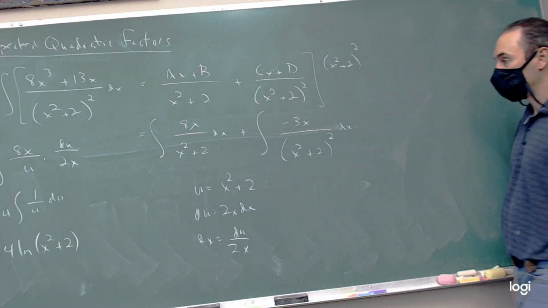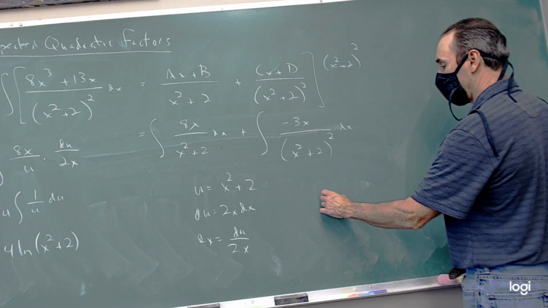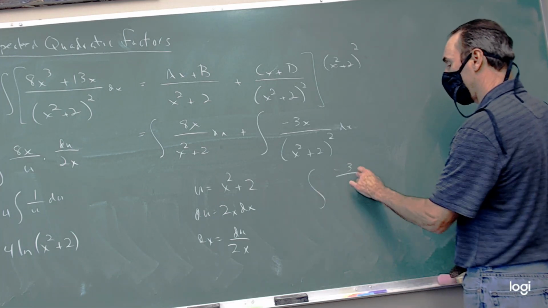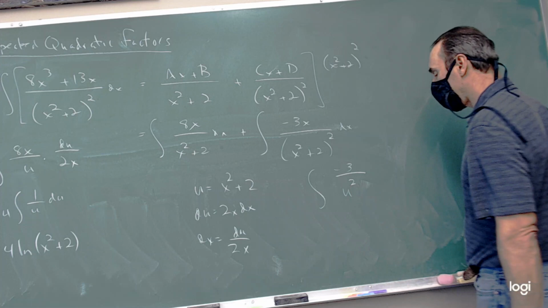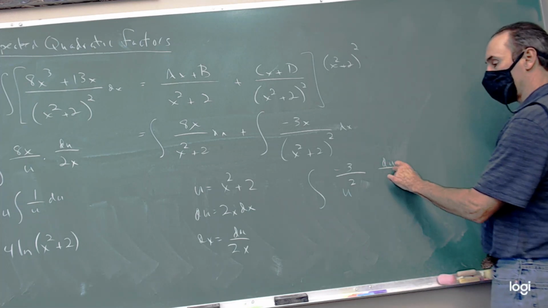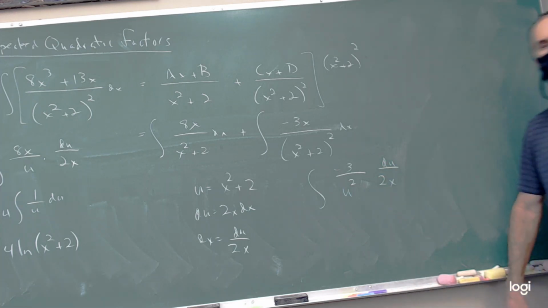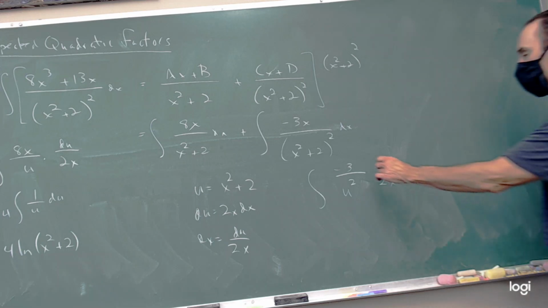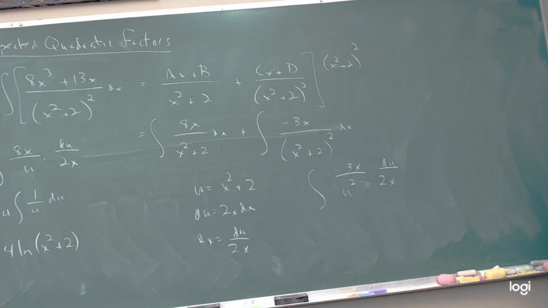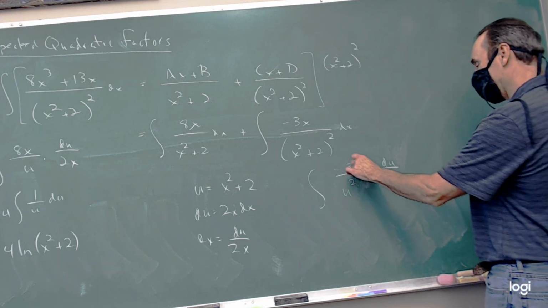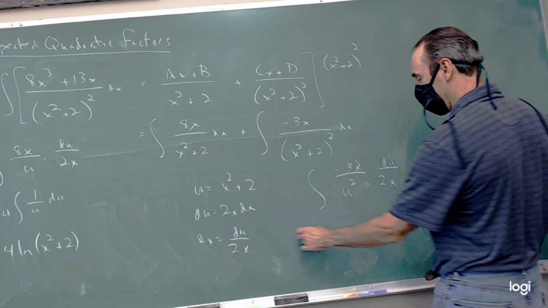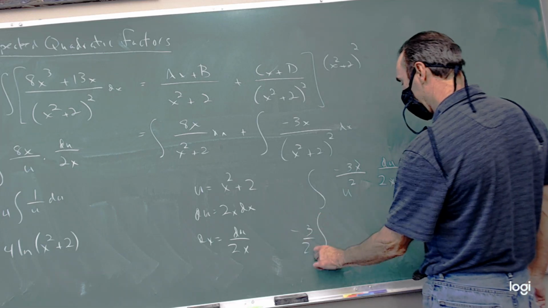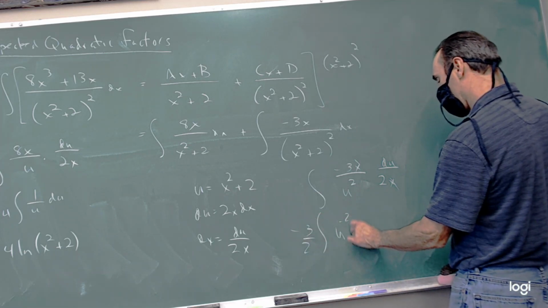Moving to our other integral, we've got the negative 3x, we're going to call it over u squared, and we'll get a du over 2x from there. Is that okay? Well, there should be an x in the numerator. Ah, thank you. Boy, you're on it today, Karen, that's nice. The x's drop out. We can pull out that negative 3/2, maybe write that in a more integral-friendly form.